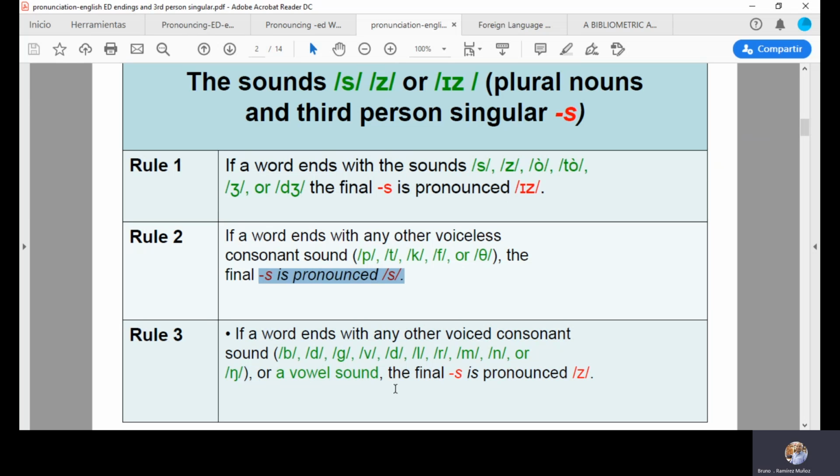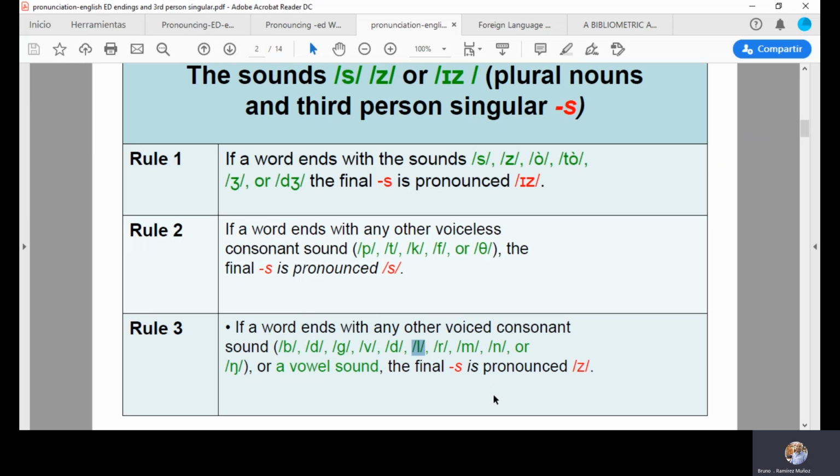Think about the verb call. Call ends in a very dark l. So when you use third person singular, it's basically calls. All right.